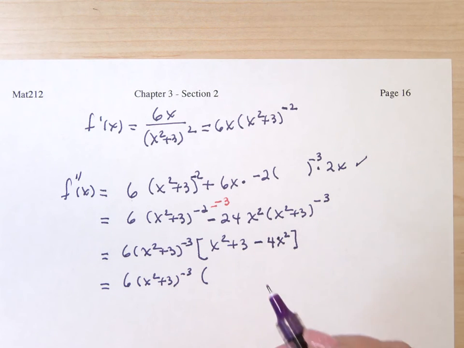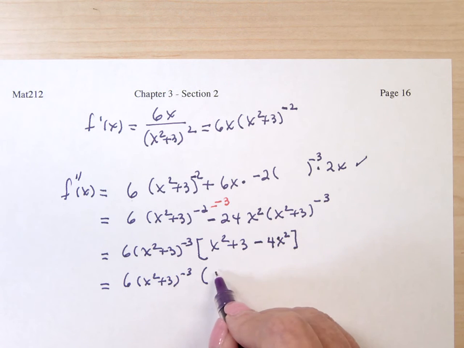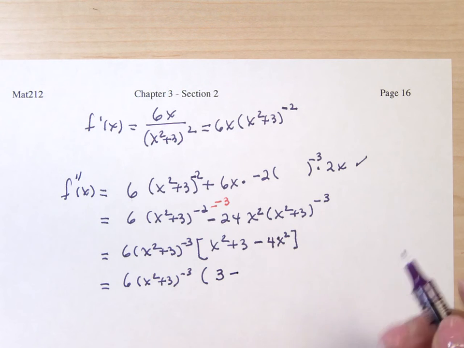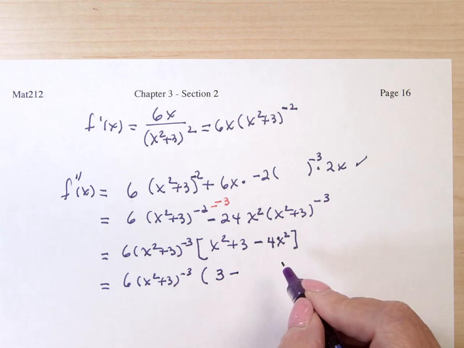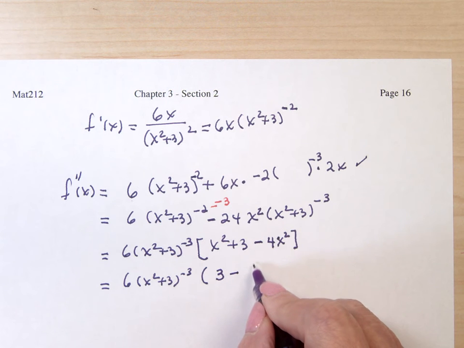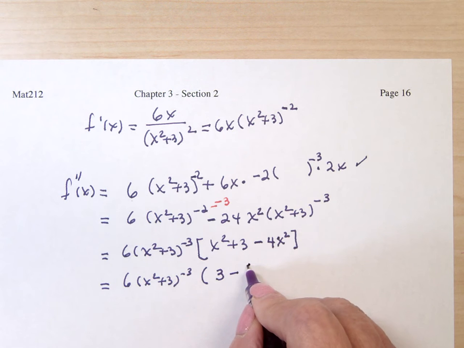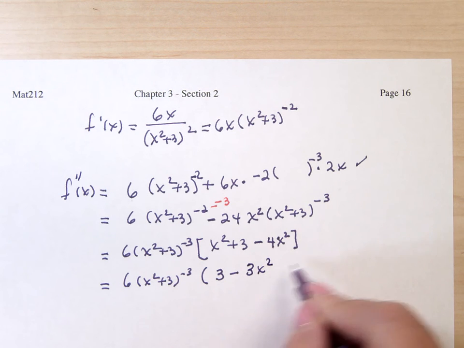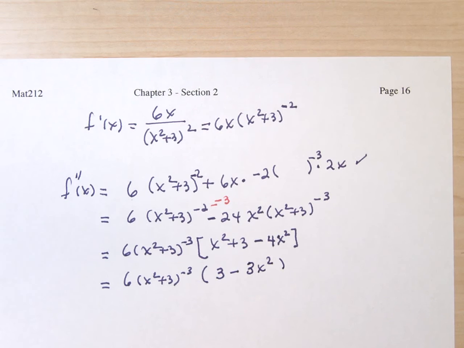The problem I'm having is that I've got a 3 minus... oh, I'm okay. 3x squared. I'm fine.